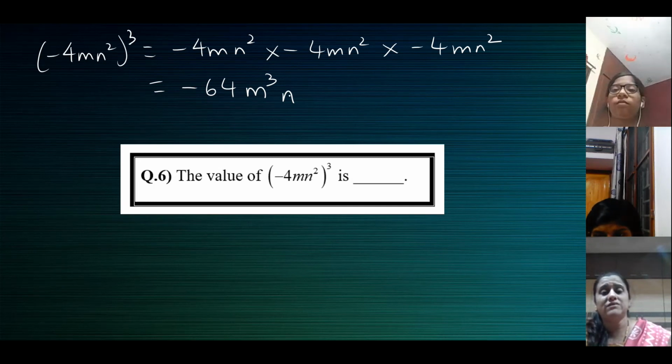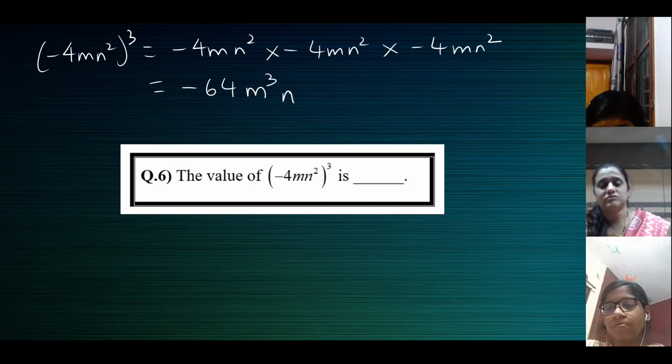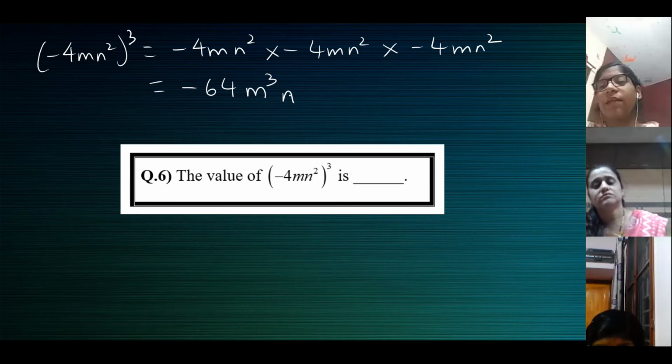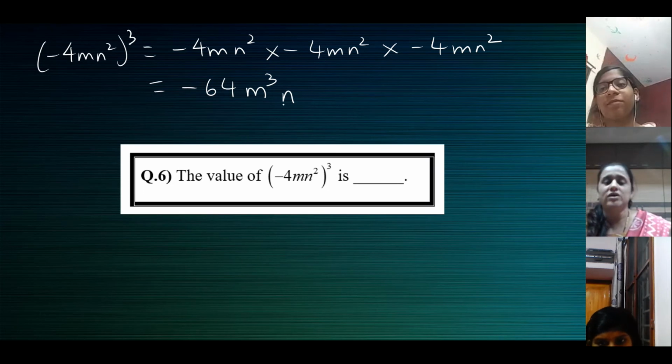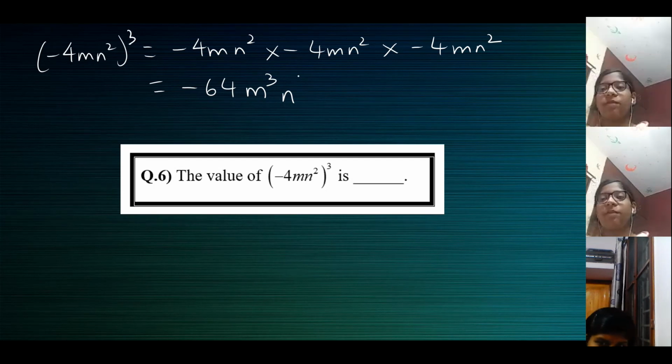Why should you multiply the powers? Ma'am, n power 3. No. Or else n raised to the power 2, the whole power 3. Okay, what is n to the power 2, the whole power 3? 6, ma'am. n to the power 6.